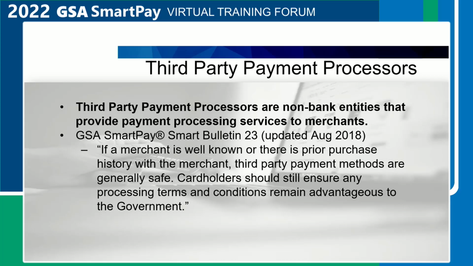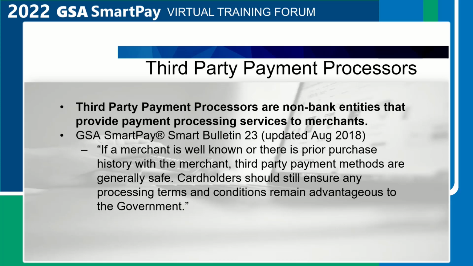There are several agencies that have developed internal policies ranging from completely restricting the use of third-party payment processors, to having some less restrictive guidelines which still allow for transactions and include workarounds to be identified. I mentioned SmartPay Bulletin 23. We released this in August 2018, and it states that agencies may consider this processor tool as long as it's within a merchant that doesn't seem too unusual or unknown.